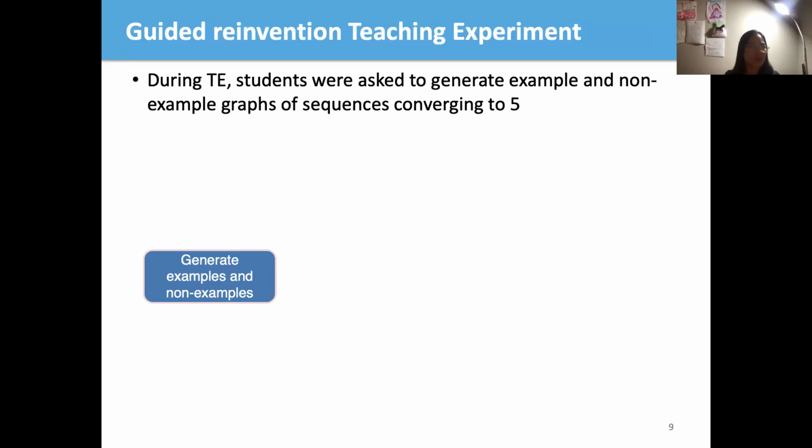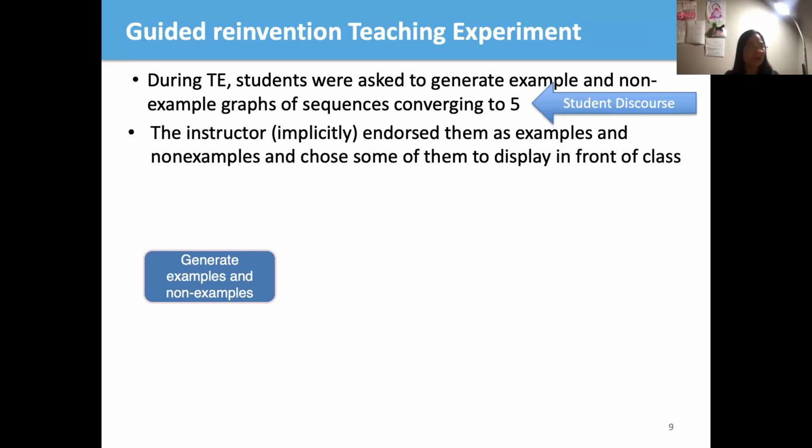During the teaching experiment, students were first asked to generate example and non-example graphs of sequences converging to 5 based on their existing discourse. But then the instructor implicitly, meaning he did it outside the classroom so students didn't see, endorsed them as examples and non-examples and chose some of them to display in front of the class.